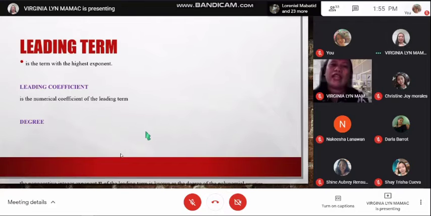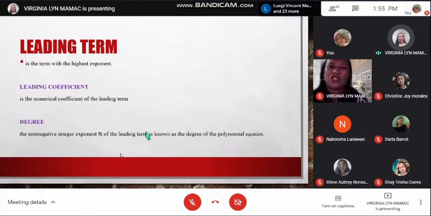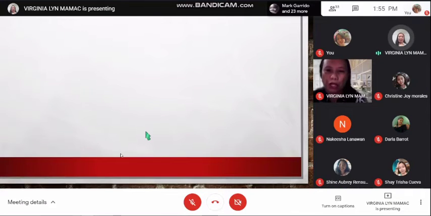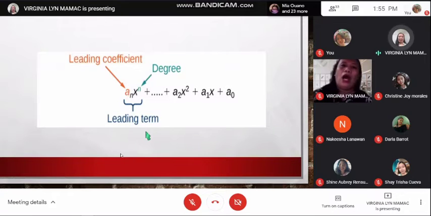When you say degree, this is the non-negative integer exponent n of the leading term. This refers to the exponent of the leading term. Okay, so we will have here the diagram.